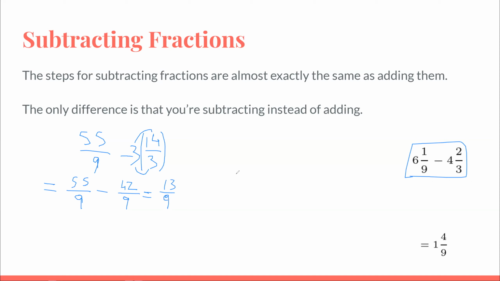So 13 upon 9. And then your final answer would either be 13 upon 9 or 1 and 4 upon 9 by using the improper to mixed numbers formula that we gave earlier.